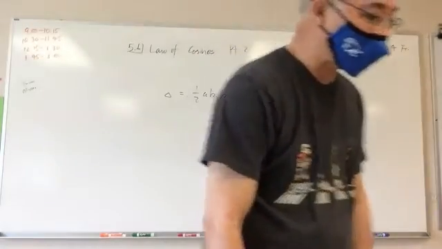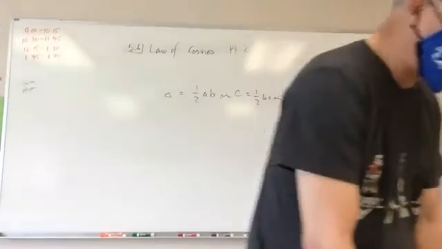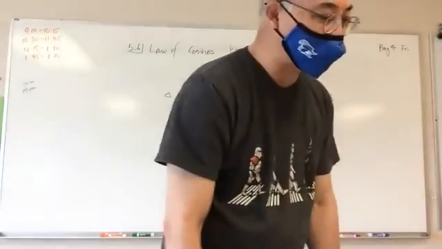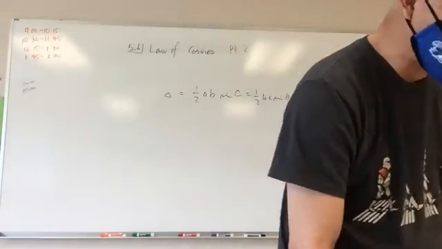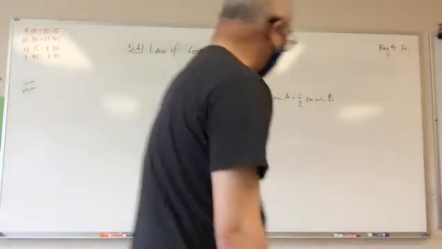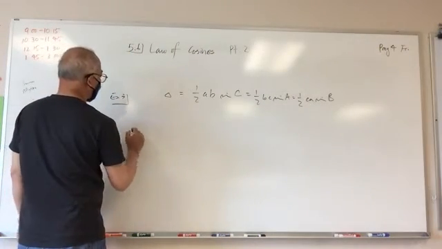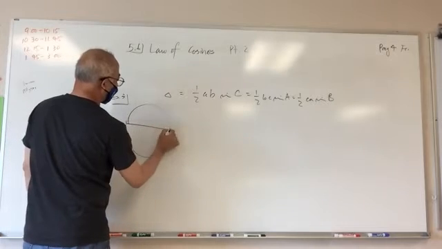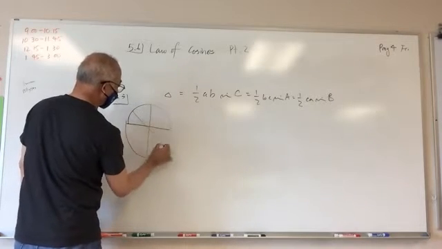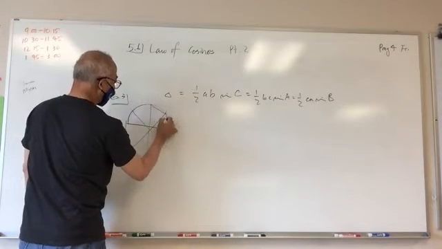Example number 3. Find the area of a regular octagon with 8 sides, 8 equal angles, inscribed inside a circle of a radius of 9. You're going to have an octagon like this.